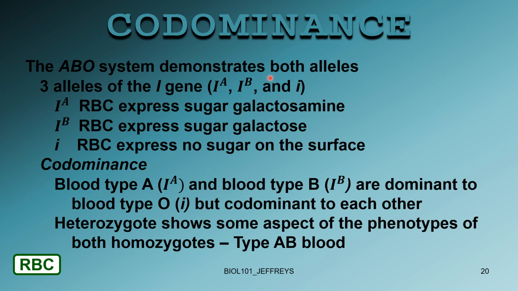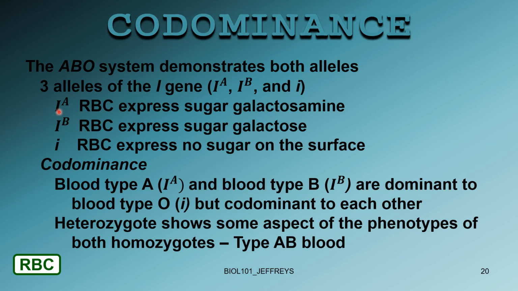So the ABO system demonstrates multiple alleles. There are 3 alleles of the I gene: I super A, I super B, and lowercase i. We just use ABO for clarification, but just remember it's the glycoprotein I that we're really talking about.